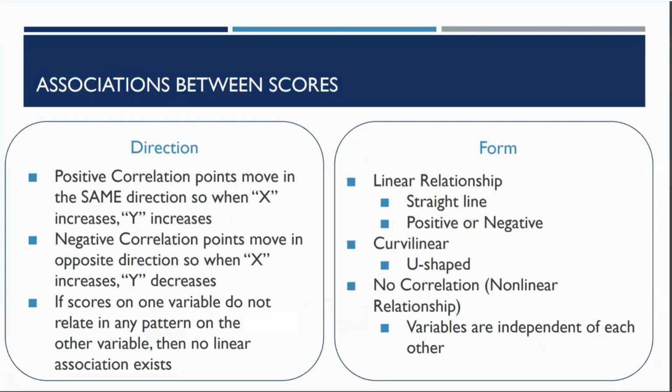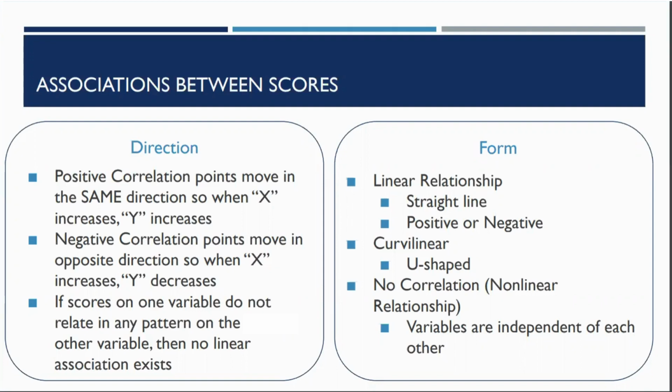And if your scores on one variable do not relate in any pattern to the other variable, then there are no linear associations. And these usually result in a kind of circular motion. Your form, we have the linear relation, which is our straight line, and this can be positive or negative.